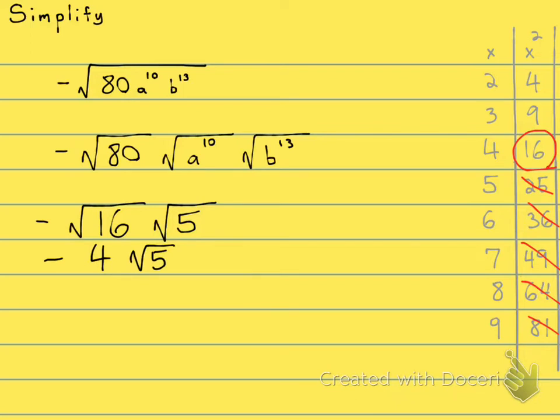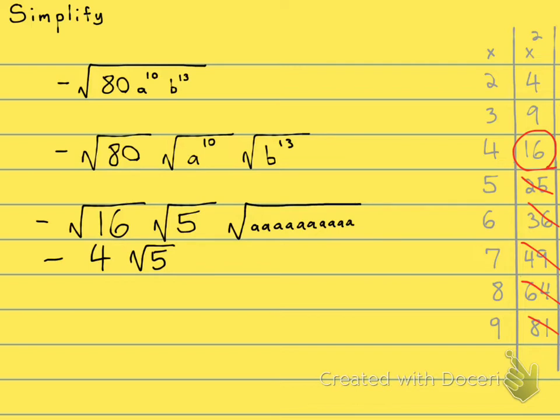Now let's look at the square root of a to the 10th. And you're asking yourself, how many pairs of 2 do I have inside to get 1 outside? All right, and I like to do this the long way. You probably realize that it's going to be 5 pairs, but the long way makes sense to me. 1, 2, 3, 4, 5, 6, 7, 8, 9, 10.